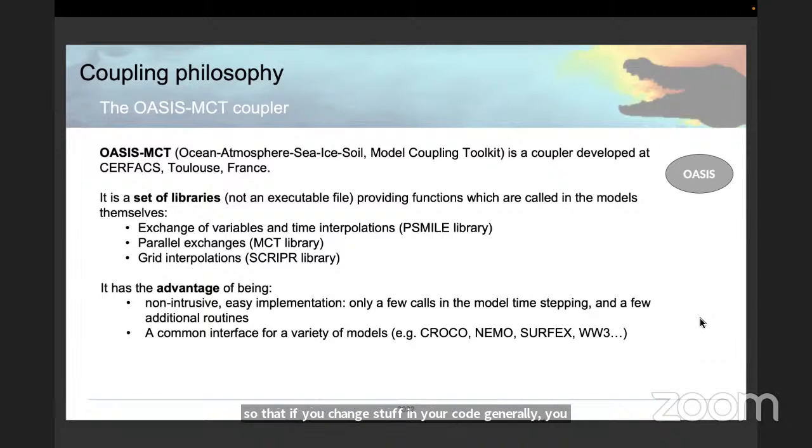This is very useful. It also allows us to couple a large variety of models. Any model that has Oasis inside can be coupled to another model with Oasis. Typically CROCO, NEMO, SurfEx, WaveWatch3, WRF, MesoNH, and probably other models have this Oasis interface, and we can couple these models together.